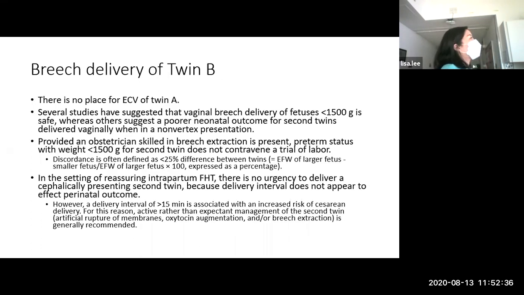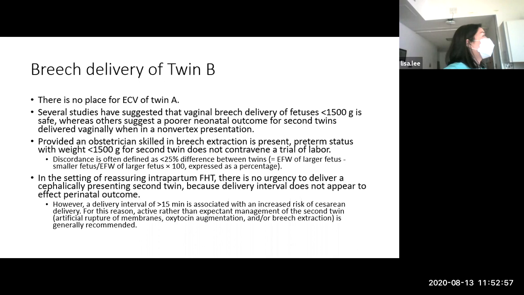So briefly, breech delivery of twin B. Like we said, no version of twin A. We don't do that. Some studies suggest that breech delivery of fetuses less than 1,500 grams could be safe, but just be cautious.